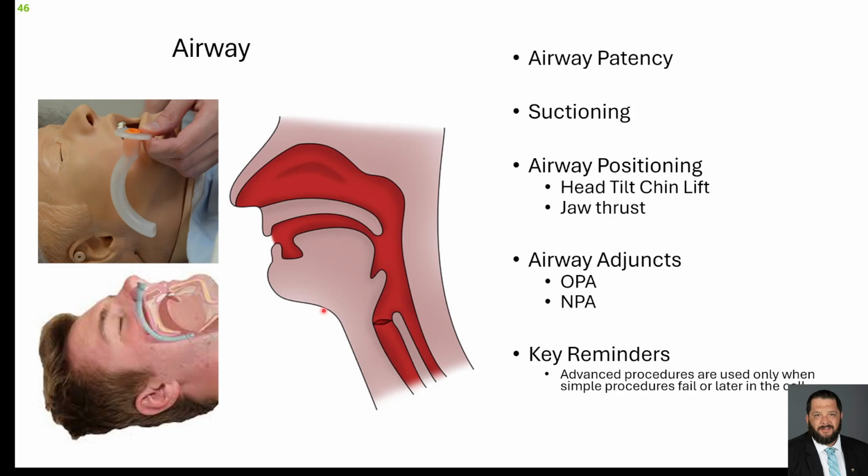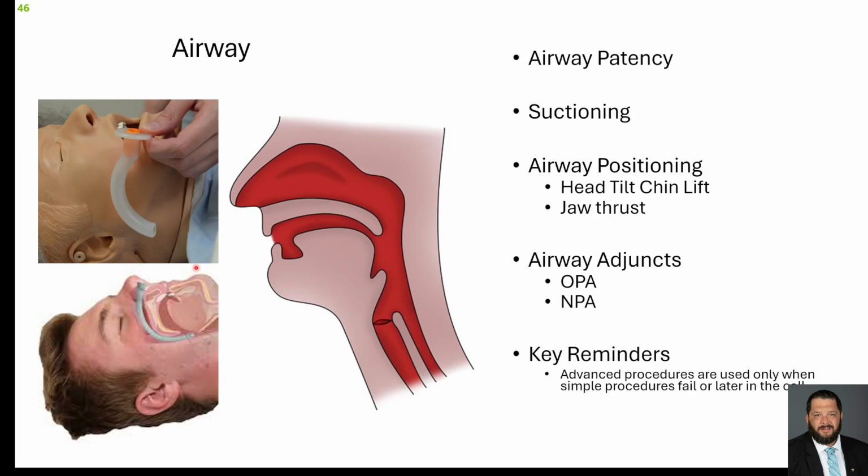And we can correct that, and you're going to know that the airway is obstructed by the tongue by a couple of things. You'll have what we call sonorous respirations or snoring respirations, the sound of the tongue somewhat occluding that airway. You may also hear gurgling, and that would be liquid in the airway.